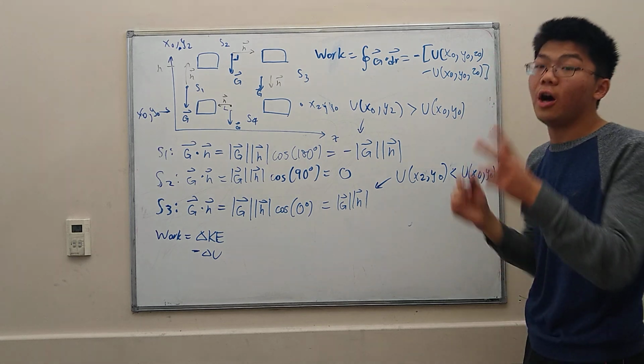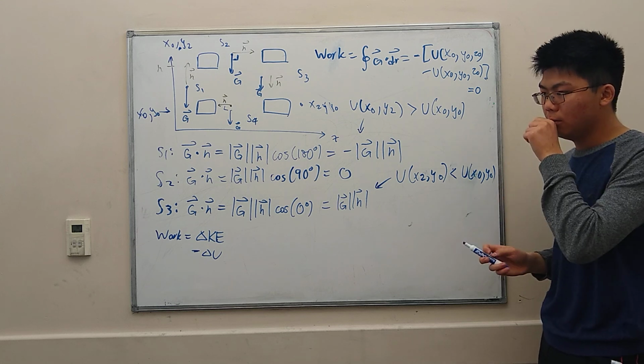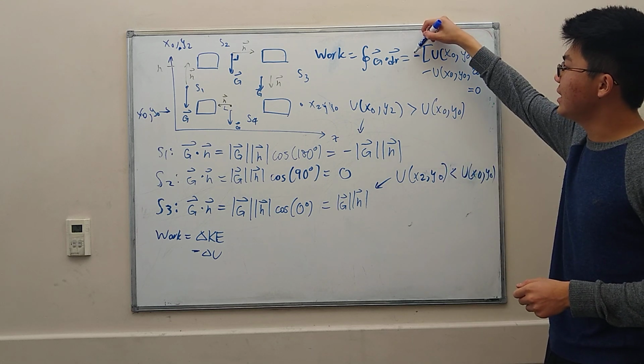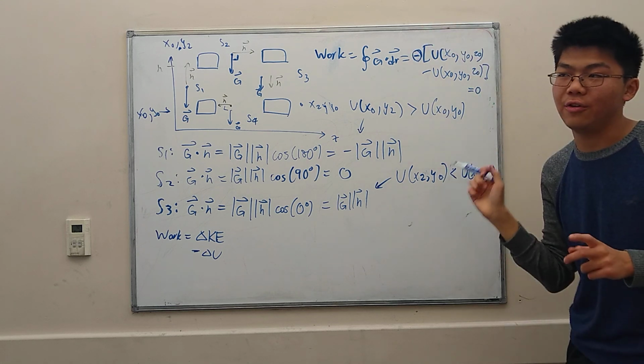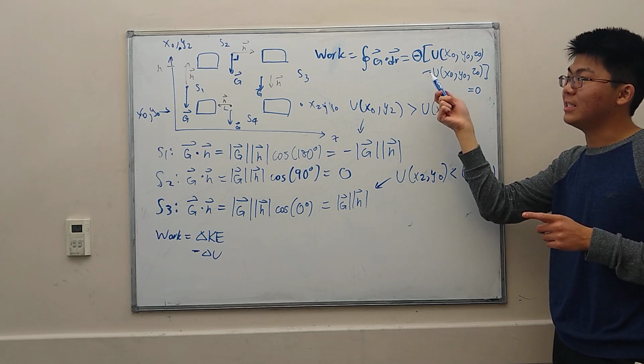This was for the case where they all return to the same point, and so our final result is 0. The only difference is I have to add this minus sign over here. So let me explain a little more on why we need to add this minus sign.